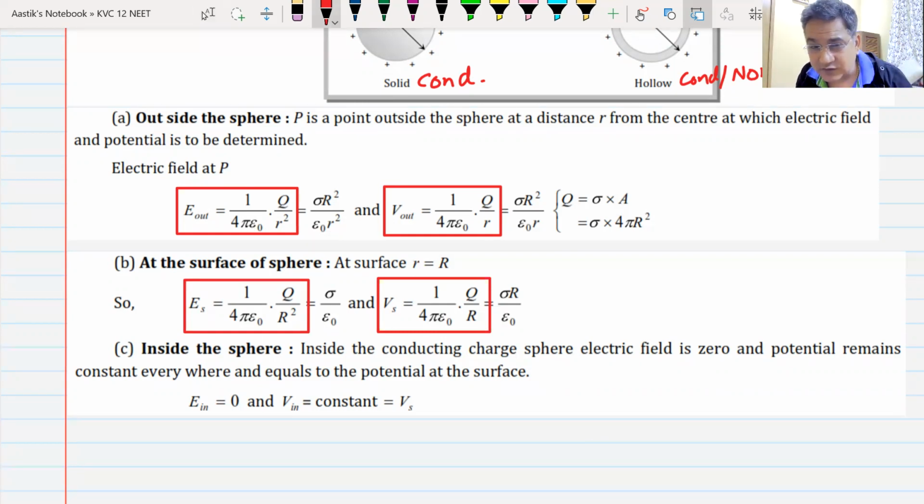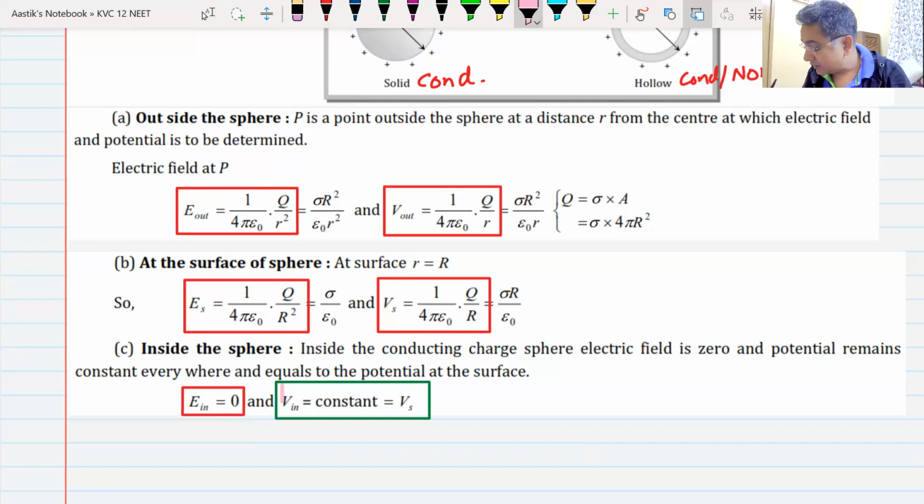Inside the conducting sphere, inside the hollow sphere, we all know that the electric field inside is zero. Yes or no? Do we remember this? Yes, sir. But what you have to understand now is that potential is not zero, but the potential is constant, and it is the same as the potential on the surface.